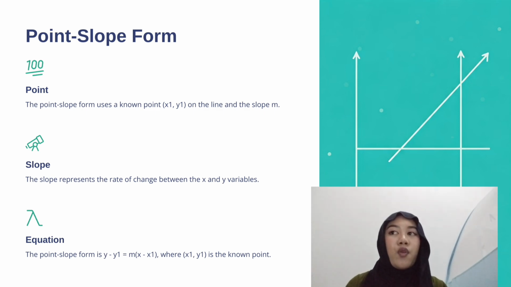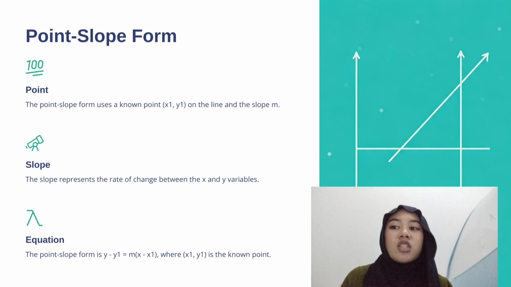Point-slope form. Points: the point-slope form uses a known point (x1, y1) on the line and the slope m. The slope represents the rate of change between the x and y variables.